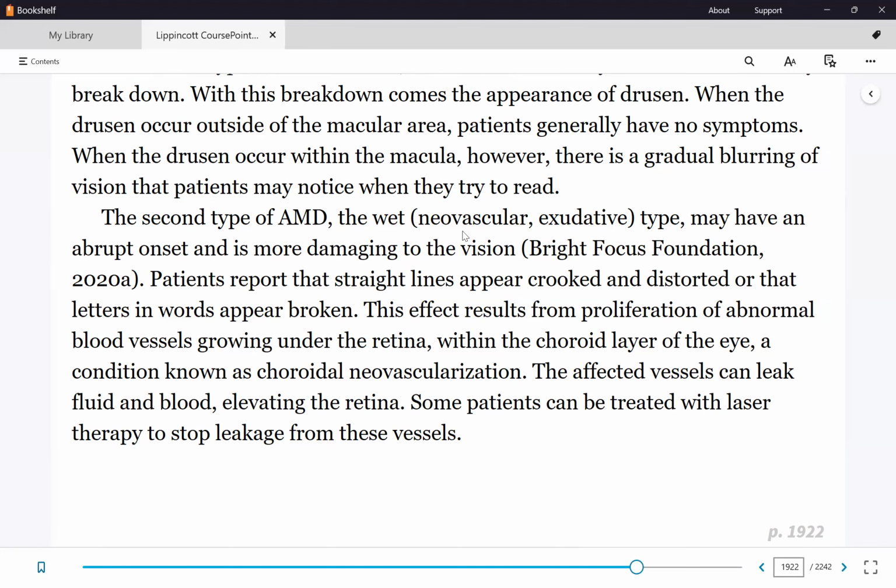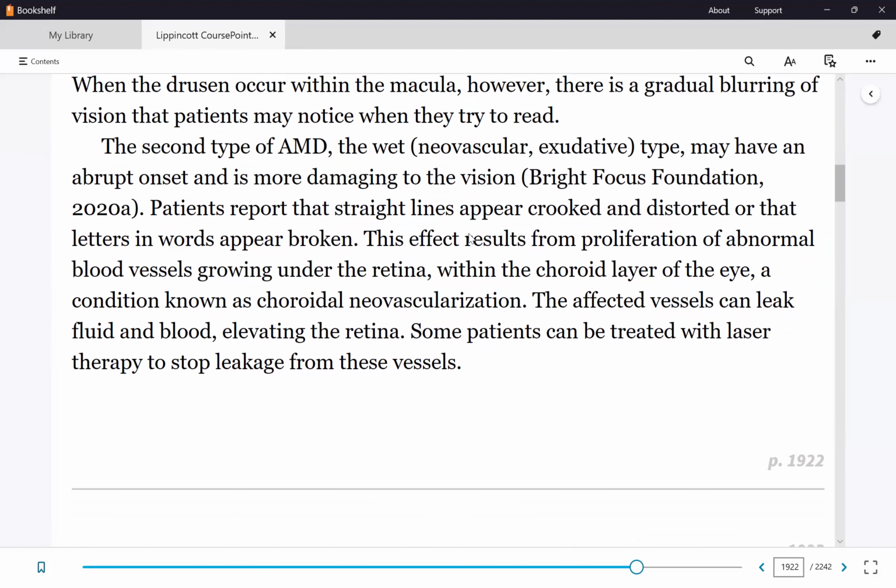So these abnormal blood vessels are leaky, meaning these capillaries are very fragile and they leak fluid. So therefore, can they decrease blood flow to the macula? Yes. So therefore, what's the treatment? So this patient is growing these abnormal blood vessels. So what's the treatment? Prevent those blood vessels from forming.